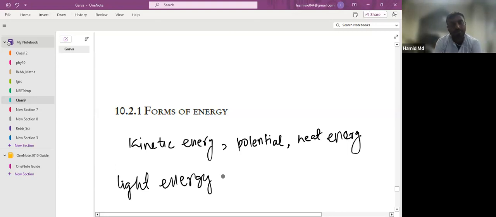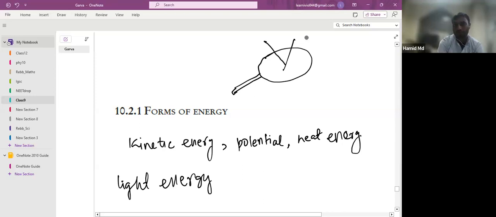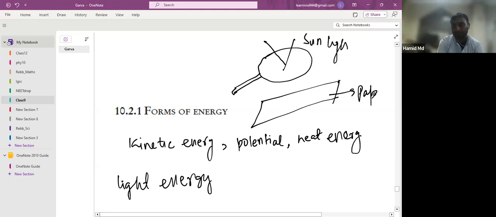So how does light produce energy? When you play with a simple lens, a magnifying lens, and you focus the sunlight and put a piece of paper over here, when light is focused at one point, the paper gets burned.